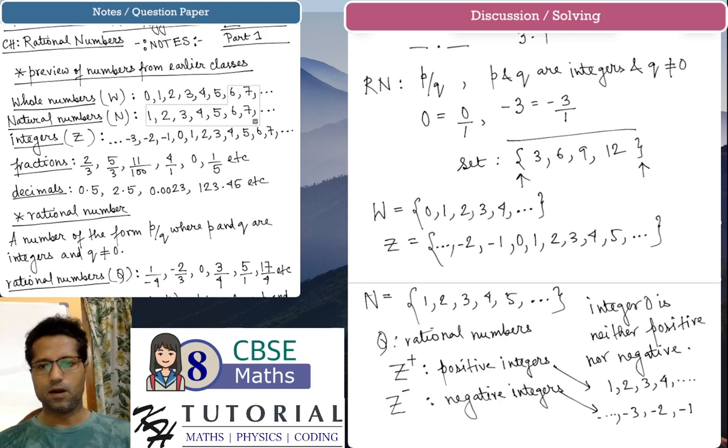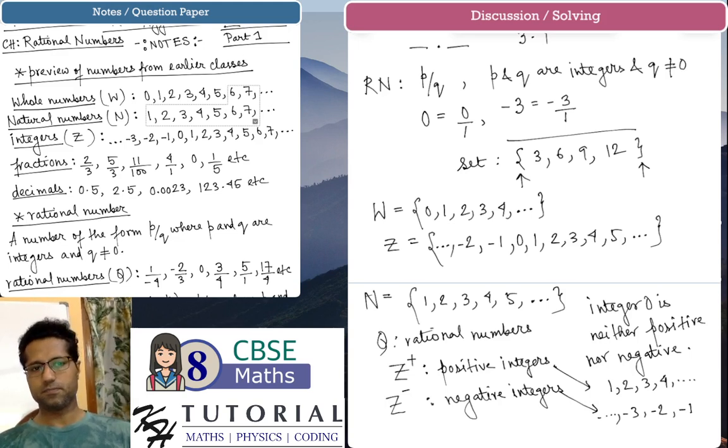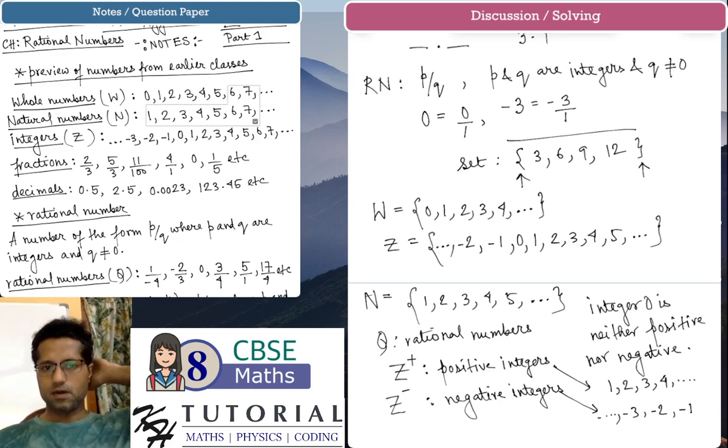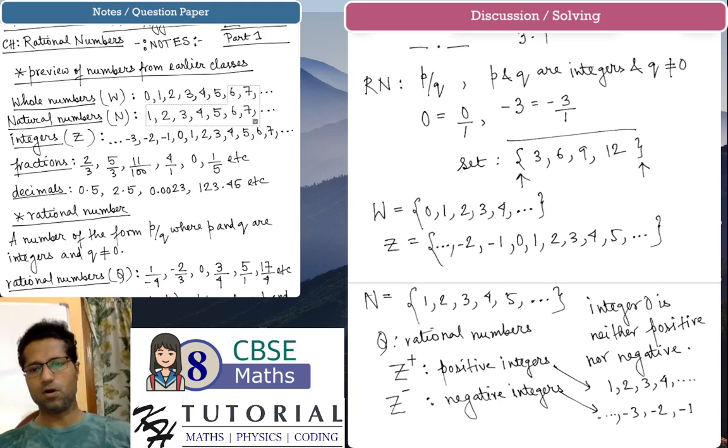Also, all whole numbers and natural numbers are integers. All natural numbers are whole numbers, but all whole numbers are not natural numbers, because 0 is not a natural number. All these little concepts you must be aware of.